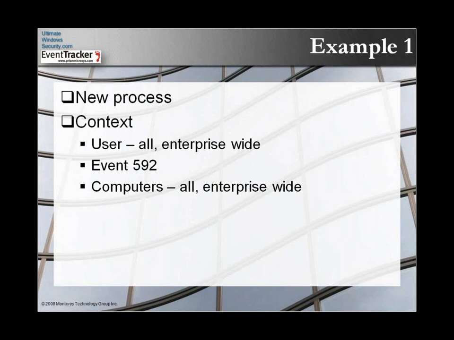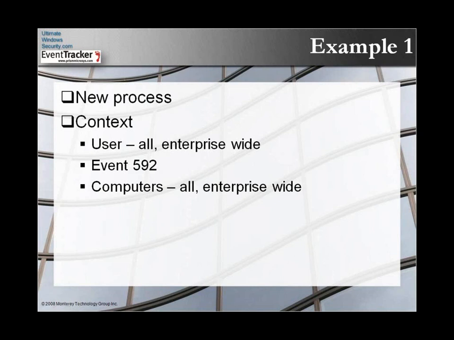Let's pull the new process ID, not the process ID, sorry, the executable name. Let's pull the executable name out of there and compare it to a baseline of clean or at least known executables. Now, do we make that list specific to each individual user, or do we make it specific to the enterprise?